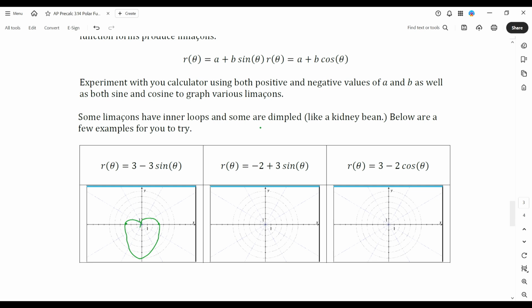Polar r equals -2 plus 3 sine of theta. I'm thinking that the 3 is going to open up, but I'm forgetting what the -2 is going to do. It's probably going to make the inner circle a little bit smaller. It's probably going to be at 1. I'm just talking to myself. Okay, graph.